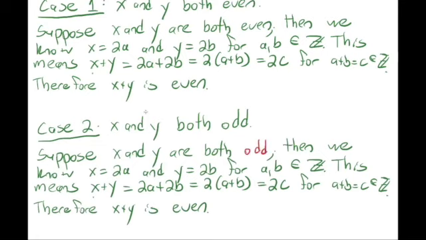So now we're going to assume X and Y are both odd. Then we know that X is going to equal 2A plus 1, and Y is going to equal 2B plus 1.